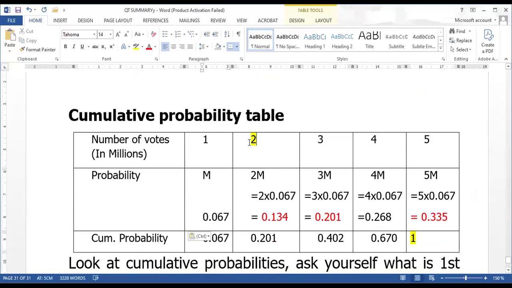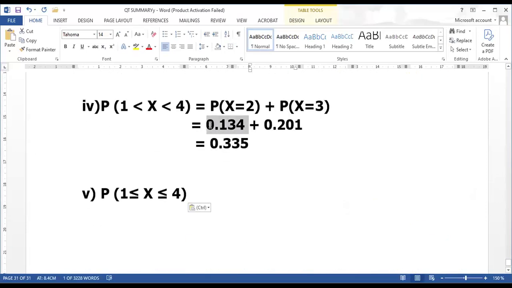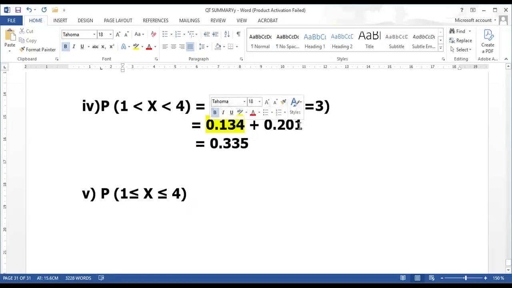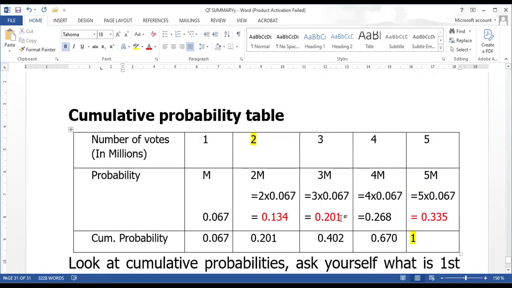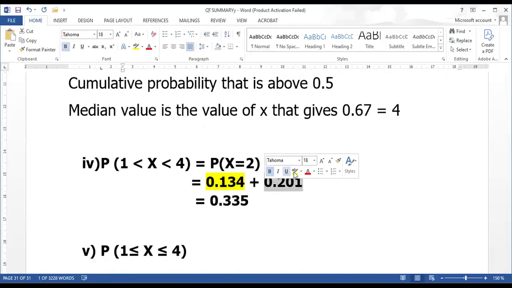What is the probability of x is equal to 2? These are probabilities. So the probability of x is equal to 2 is this one. Then the probability of x is equal to 3 is this one. Is it okay now? Yes, thank you.